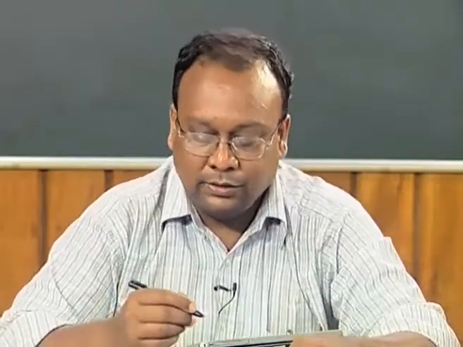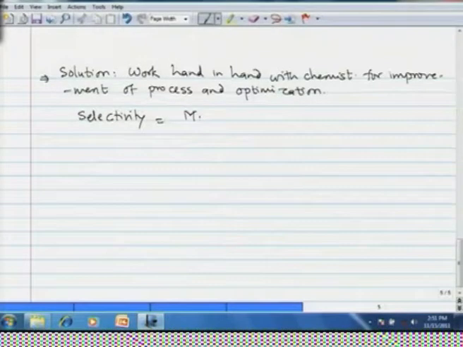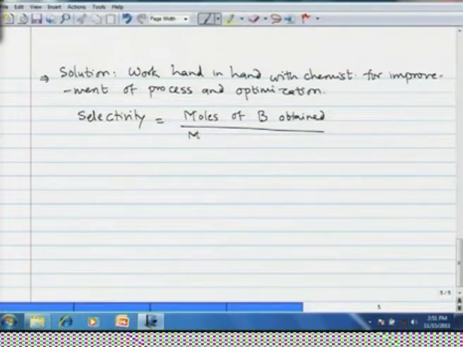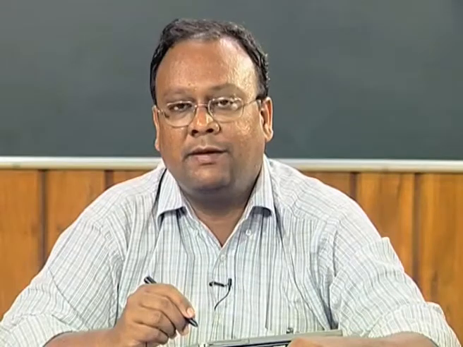Okay. So, we define selectivity as moles of B obtained per mole of or moles of A reacted. This is one of the common definitions of selectivity that is used.